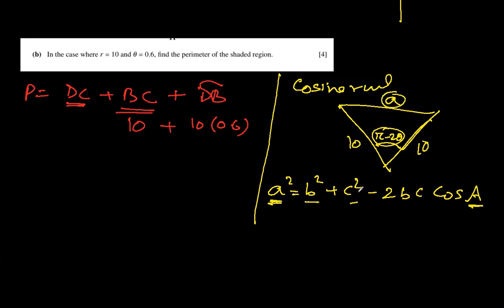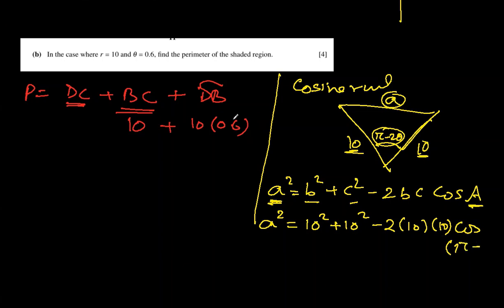B and C are the R's, which are 10 in this case. So let's use it. A squared equals 10 squared plus 10 squared minus 2 times 10 times 10 cos of pi minus 2 times theta. Theta is 0.6 as they have given, so that is 1.2.